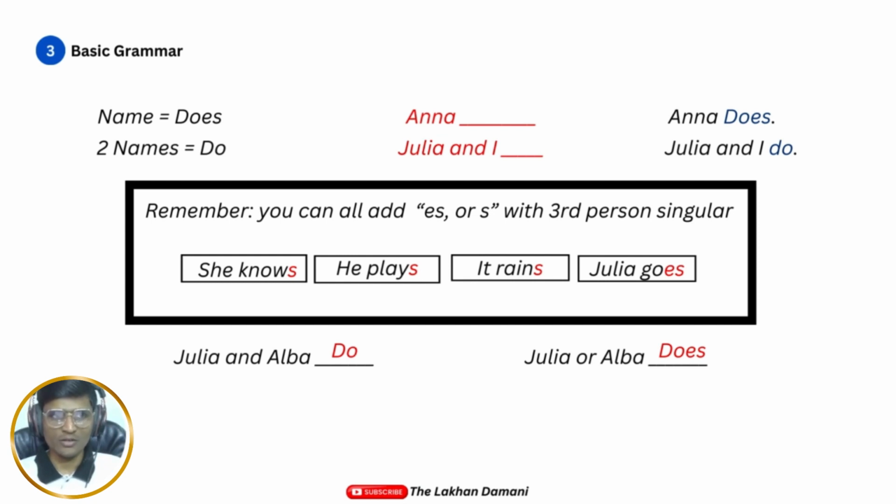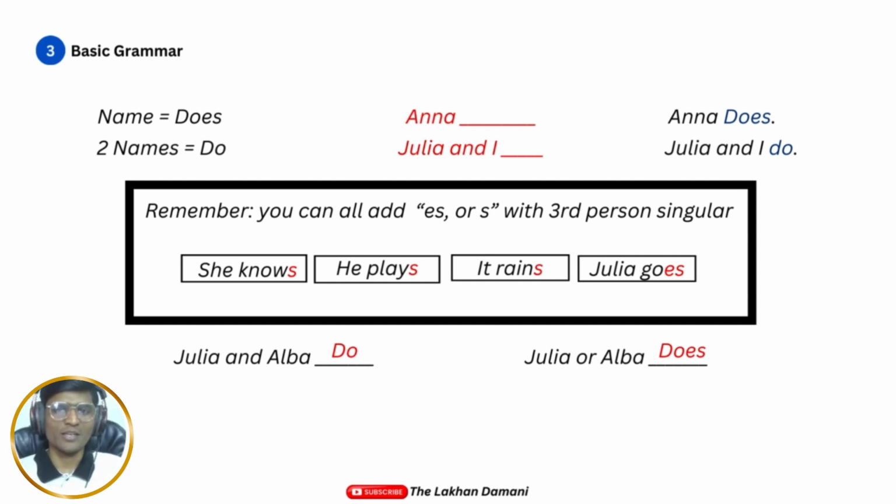So here we have basic grammar. Here we are going to learn one name, Julia does. Two names, Julia and Alba do. Anna does, Julia and I do, right?